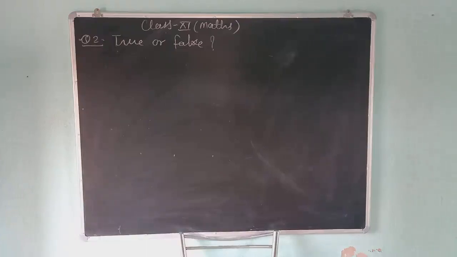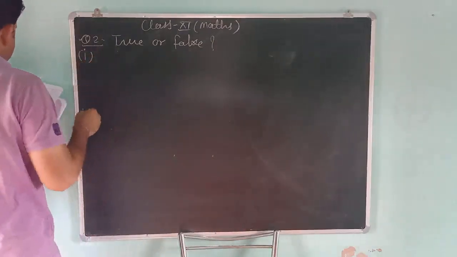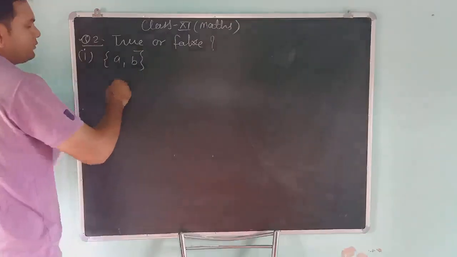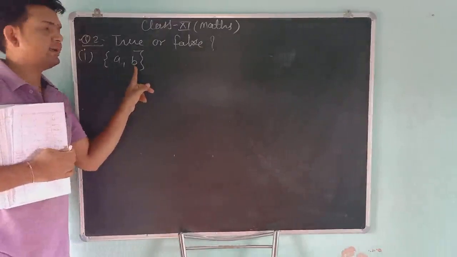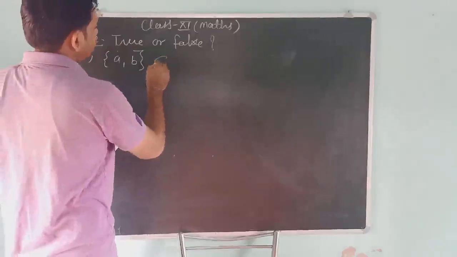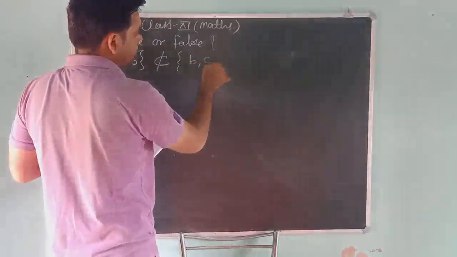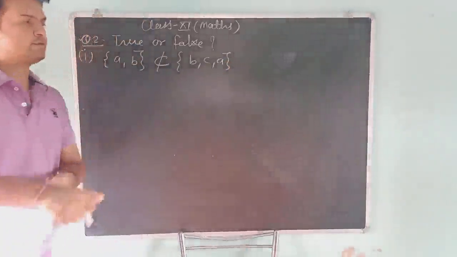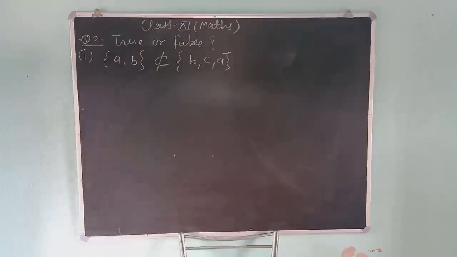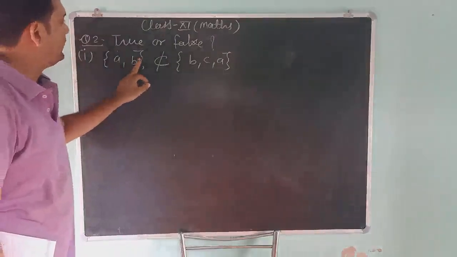So students, according to the first question, we have set AB, and in this set we have two elements. The first element is A and the second element is B, and we have a symbol of not subset, and the elements are B, C, A. Here we can see that A and B, both elements are lying in the set.